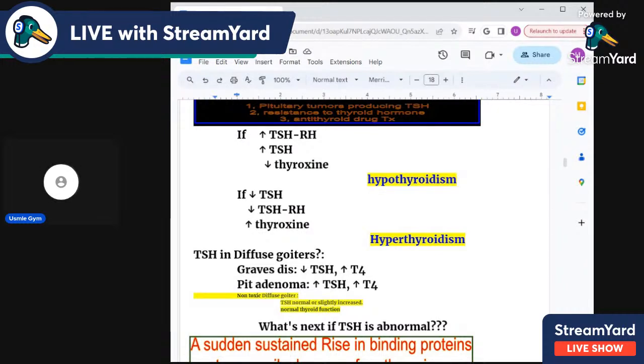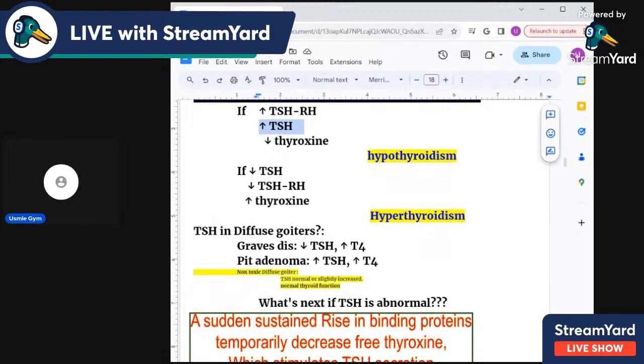And the next condition, if TSH release hormone and TSH are both increased but thyroxine is decreased, this is due to hypothyroidism. When thyroxine is decreased, the hypothalamus produces release hormone and the pituitary also produces increased TSH, but the thyroid is not responding.